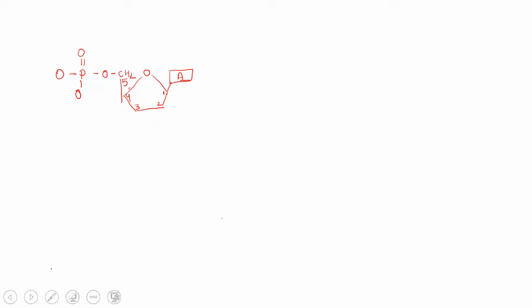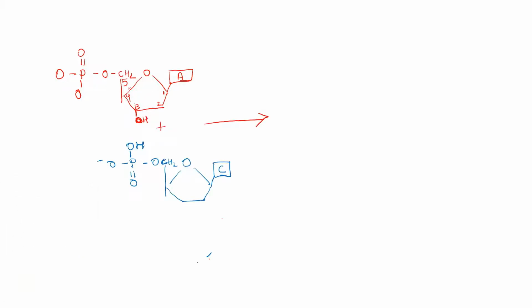Let's draw one more nucleotide. And these two nucleotides are joined together by a diester bond. So how? By removal of one molecule of water, these two nucleotides will react, and as a result a dinucleotide will form.